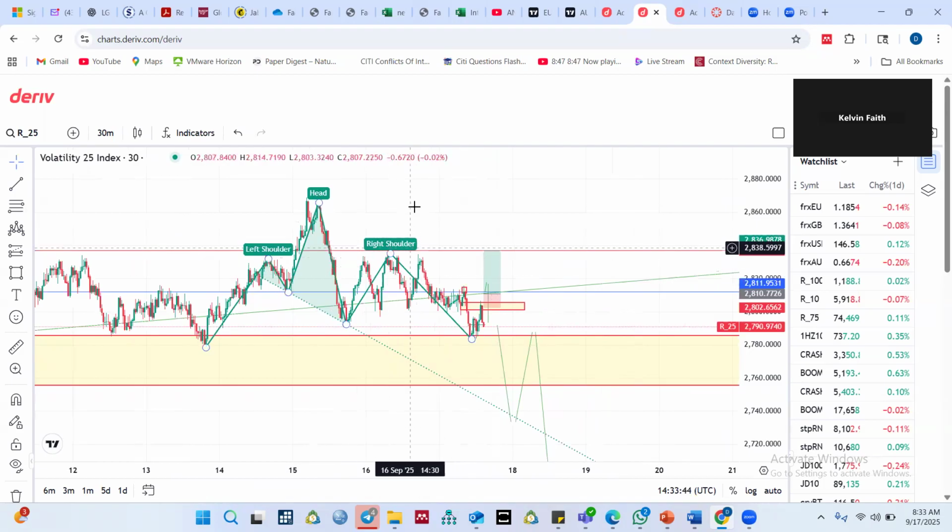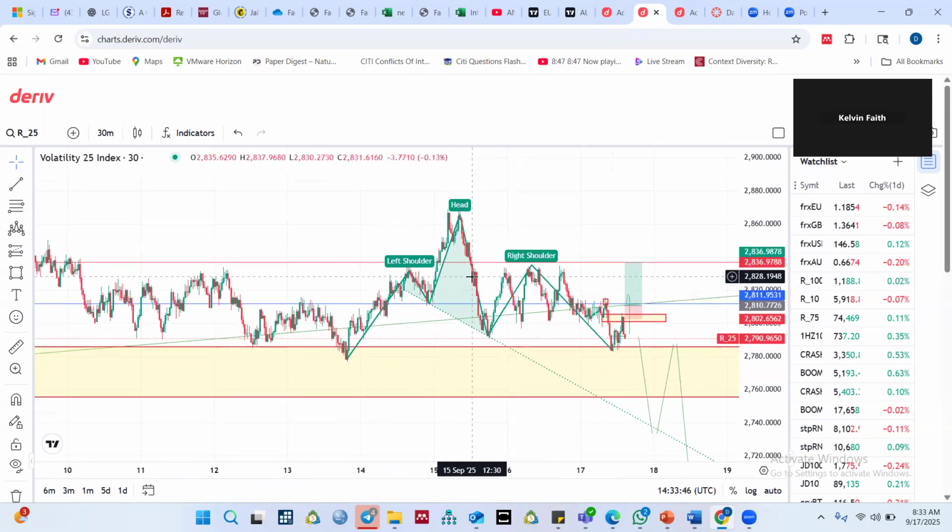Okay. So if this is a head and shoulder, and this seems to have been successful, because we have the head, the left shoulder, the neckline broken, which is the blue line, and then the trend line area where they meet, this zone.